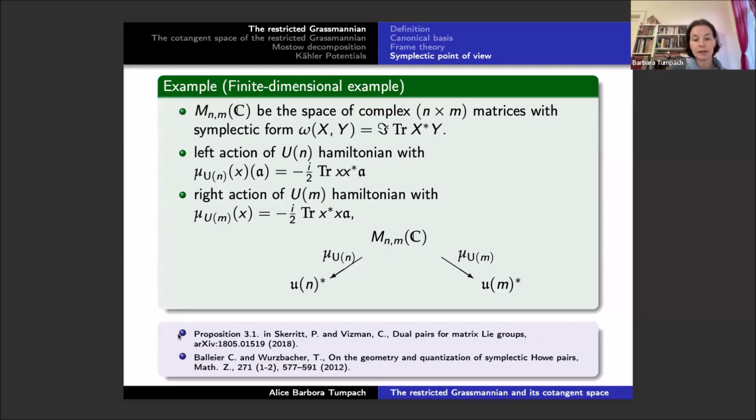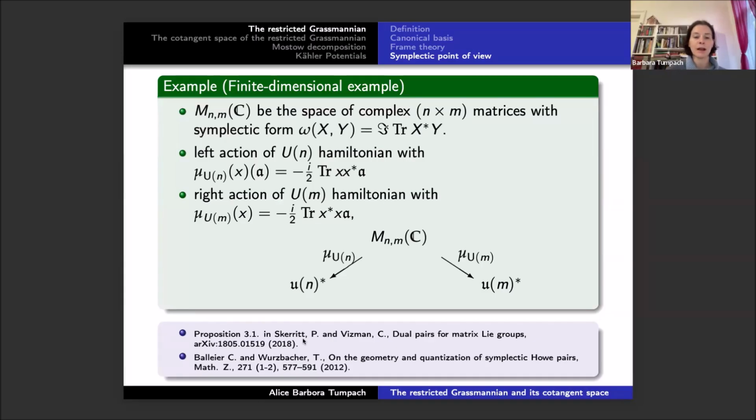And here I give you a reference about dual pairs, where this example is treated in detail. And also the second reference, so the first reference is by Skerritt and Wiesmann, dual pairs for matrix Lie groups.